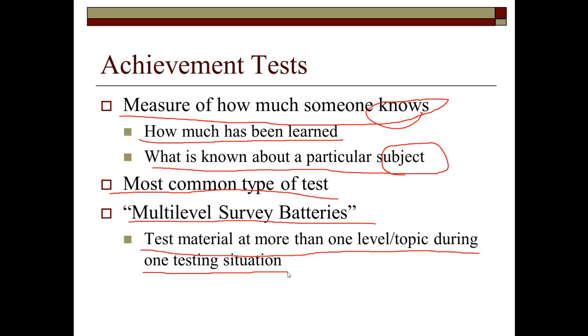Your test will give you more and more questions that are a bit more difficult until you get to the point where you've pretty much maxed out on the number of questions that you'll be asked. And so it is no problem for us to measure multiple levels of achievement.